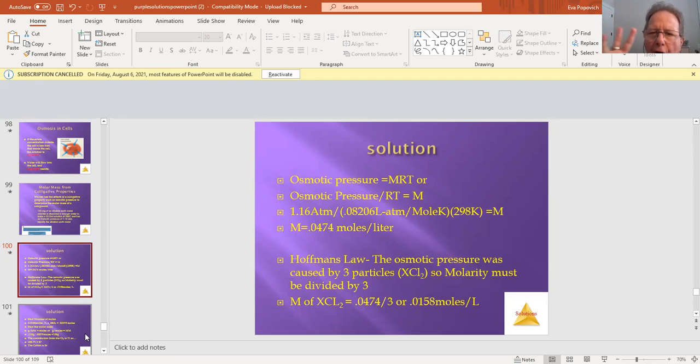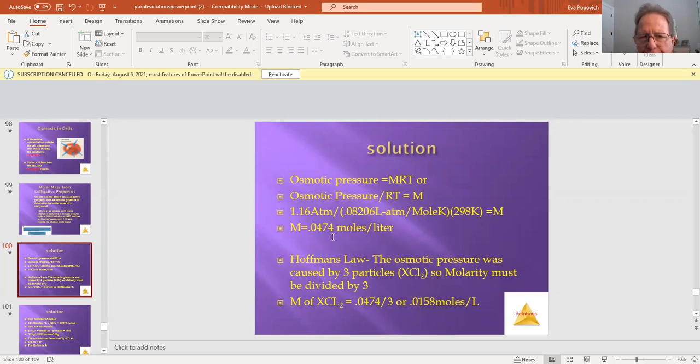I have 3 particles for every molecule. So since there are 3 particles for every molecule, I have to divide the molarity by 3. So I now have my molarity of my magnesium chloride as 0.0158 moles per liter.